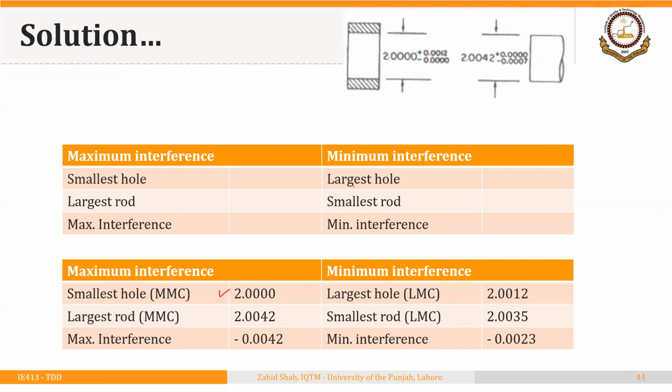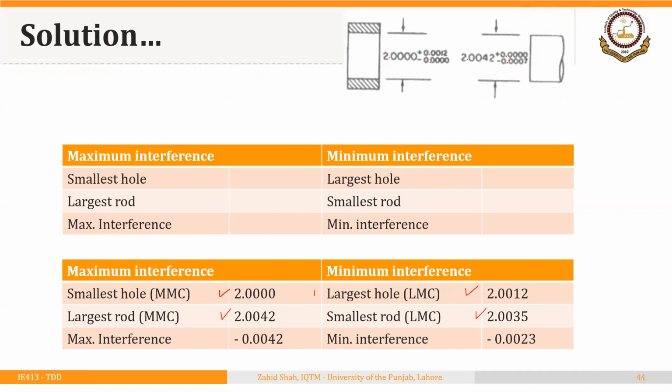And the largest hole will be equal to the upper limit, so that will be 2.0012. The largest shaft or rod that we can make will be equal to its upper limit, so that will be 2.0042. And the smallest rod will be equal to its lower limit of 2.0035.